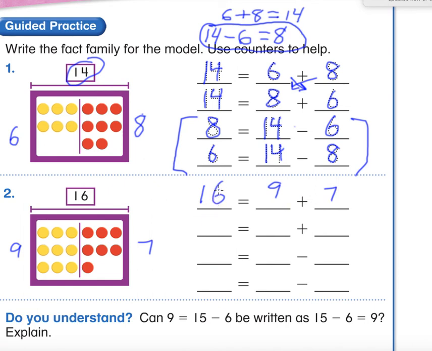Okay? And now let's write the other way we could break this down into an addition fact. We could say that 16 equals, well, remember, we're just going to flip-flop these around, equals 7 plus 9.